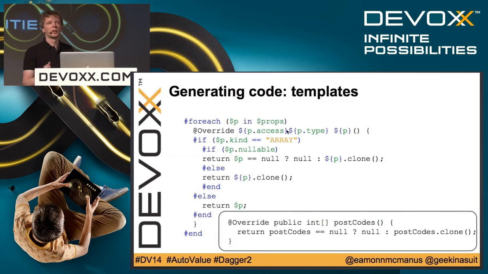So essentially there's two phases to this. One is the annotation processor building up the variables that it's injecting into the template, in this case P, but there's a bunch of other ones too. And then it's invoking the template engine to get the generated code out at the far end. Christian gave a list of pros and cons for the programmatic approach using JavaWriter or equivalent, and there's a long list of pros and only one con.